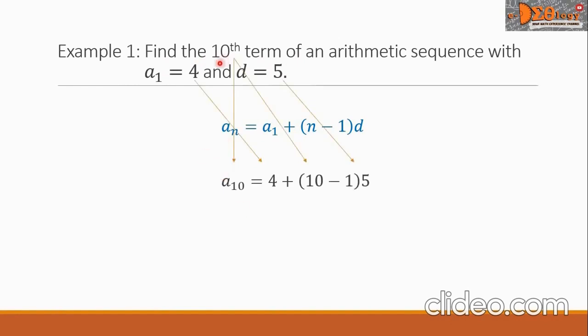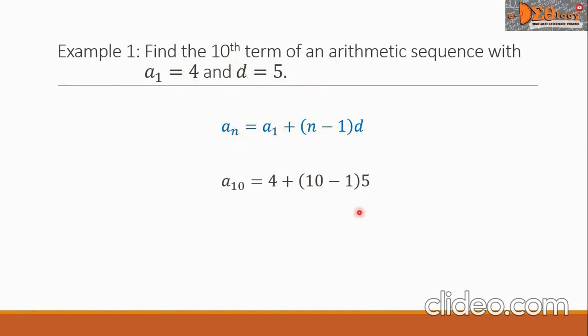We are looking for the 10th term. So this is A sub 10 equals, the A sub 1 is 4 plus the quantity n is now 10 minus 1, that is a constant, times D, which is 5.